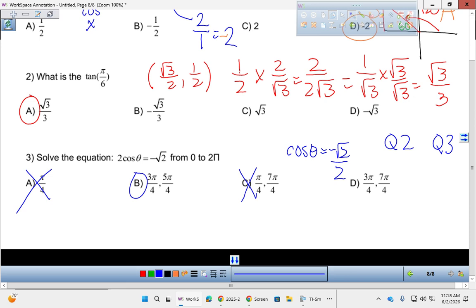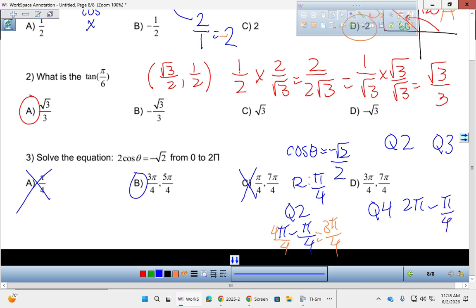Okay, you can do work though. Find the reference angle. The reference angle is pi over 4. Apply that to quadrant 2. Pi minus pi over 4, give it 4s, that's 3 pi over 4. That takes care of the first angle. In quadrant 4, 2 pi minus pi over 4, give it 4s.